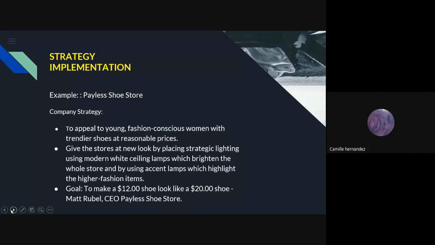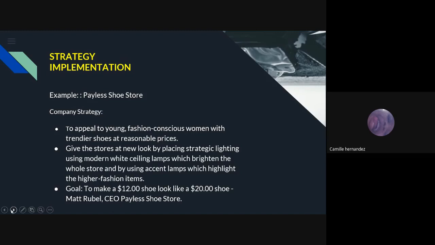So, just as an example, we have the Payless Shoe Store, and their company's strategy was to appeal to young, fashion-conscious women with trendier shoes at reasonable prices. Give the store a new look by placing strategic lighting using modern white ceiling lamps, which brighten the whole store, and by using accent lamps, which highlight the higher fashion items.